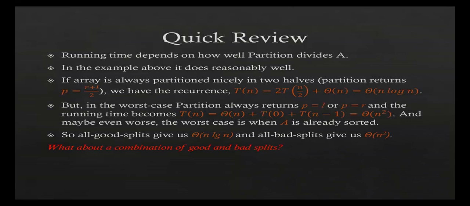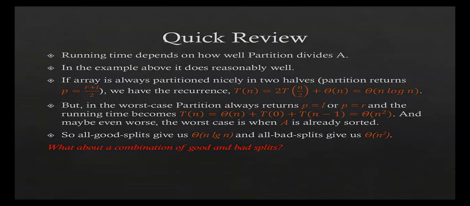So now we see a quick review of quicksort. Based on our example and analysis, we see that the running time depends on how well partition divides the array, right? So the running time actually depends on how efficiently we make a partition. In the example above, it does reasonably well.